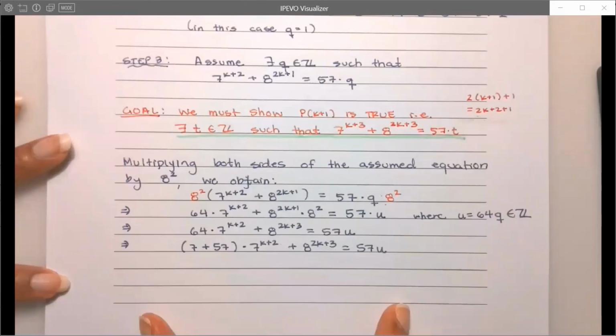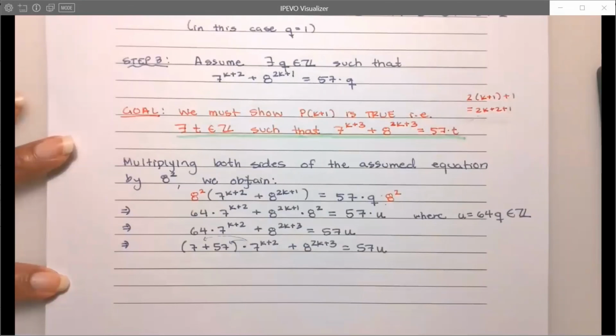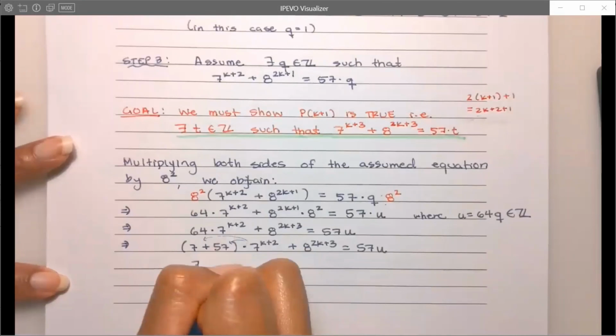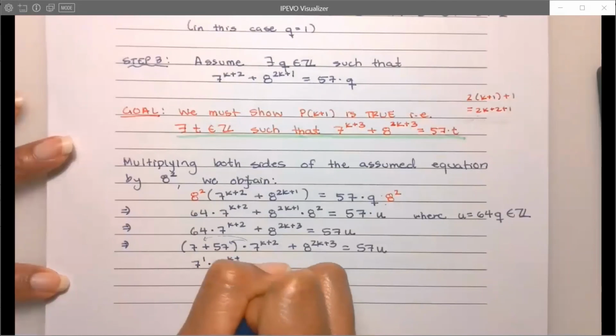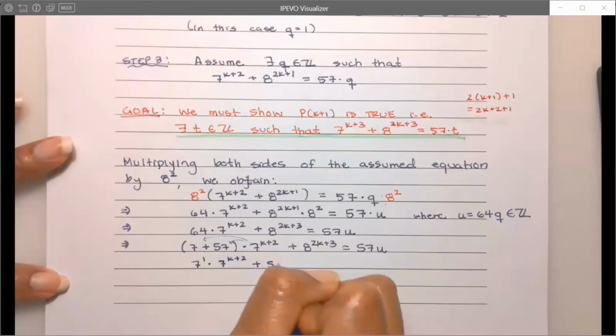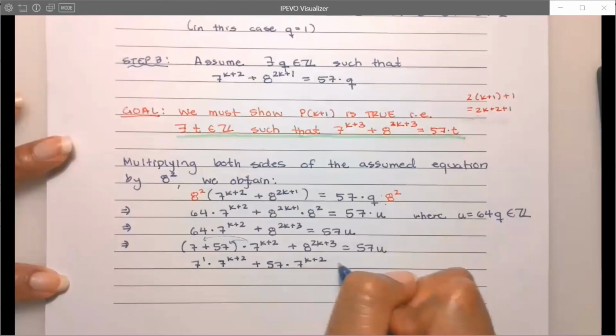And now what? Well, now we can go ahead and distribute. If we distribute the 7 to the k plus 2, we'll end up with a 7 to the 1 times a 7 to the k plus 2 plus a 57 times a 7 to the k plus 2. And then the remaining terms we bring down.